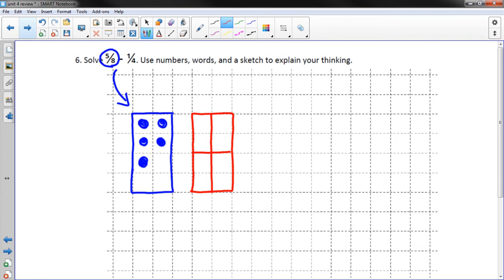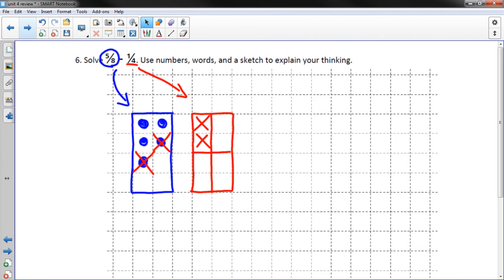And I'm going to notice that 1/4 is, I'm going to put x's because I'm subtracting, 1/4 is 2 squares. So I'm subtracting. So I got to take away 2 of the eggs in the blue in the 5/8 rectangle. So I'm going to go ahead and take away 2 because that would represent 1/4.